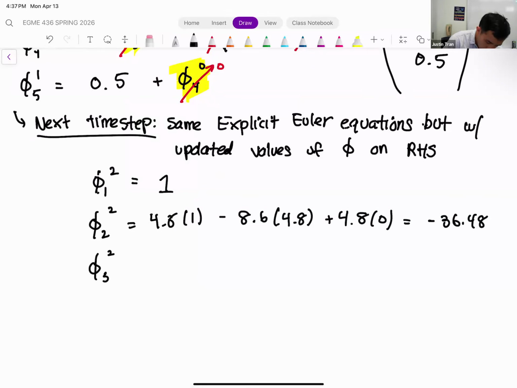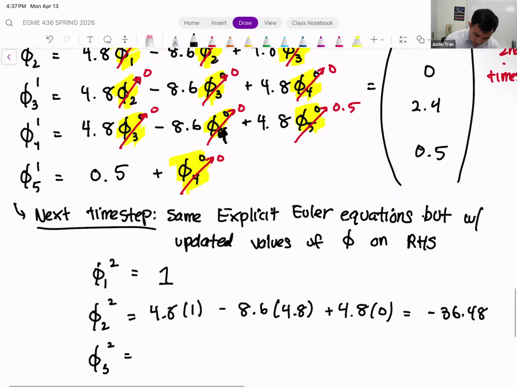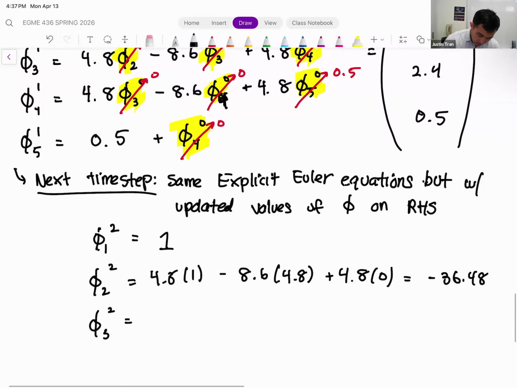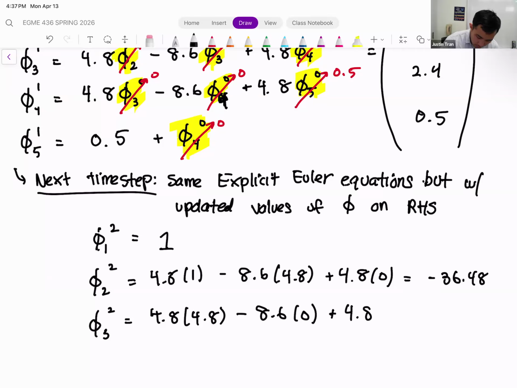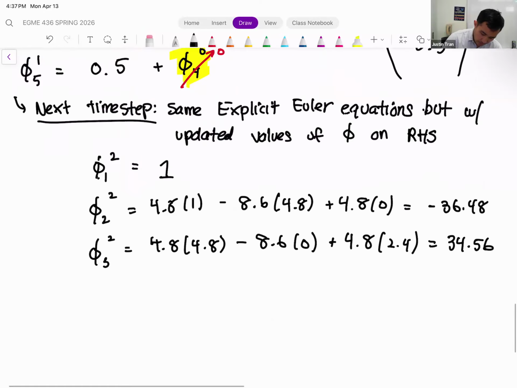Phi3 at time step 2 is equal to, let's see, we have 4.8 times 4.8 minus 8.6 times 0 plus 4.8 times 2.4, so 4.8 times 4.8 plus 4.8 times 2.4, that's 34.56. Okay.